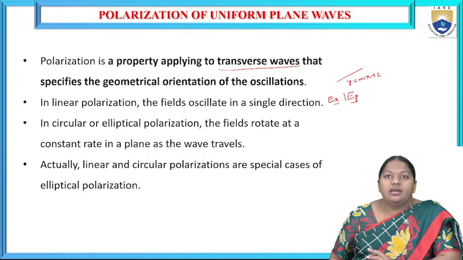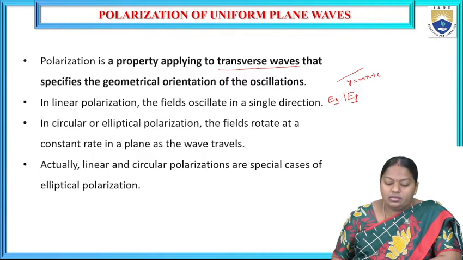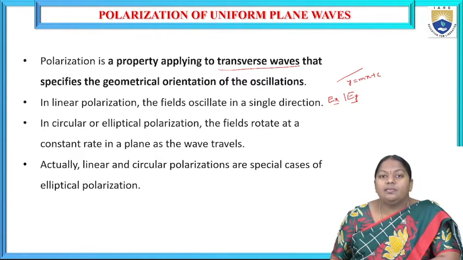So how do we define polarization? It is the orientation of the electric field at a particular point in space, or the geometrical variation of the oscillations is nothing but polarization. Basically there are three types of polarization: linear polarization, elliptical polarization, and circular polarization.